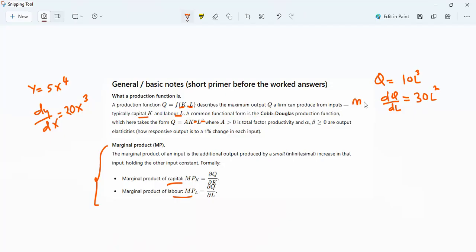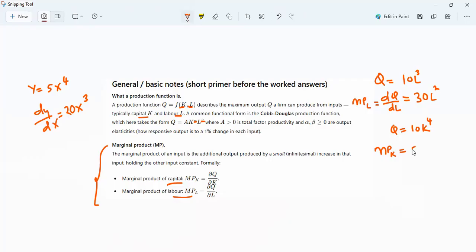Similarly, you will be given Q in terms of capital. So if you have Q is equal to 10K^4, how do you differentiate this in terms of capital? To start with, this is called the marginal product of capital. How do you find the marginal product of capital?